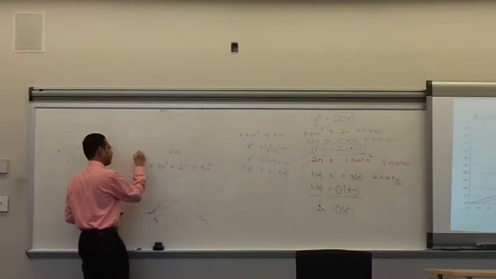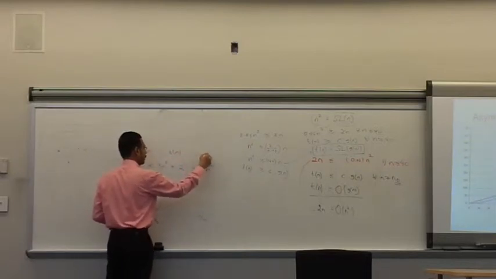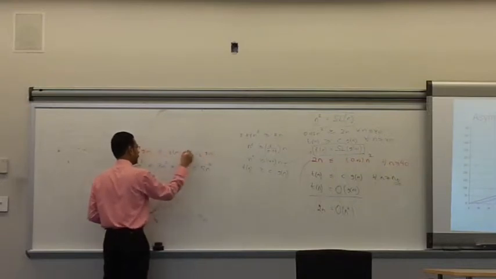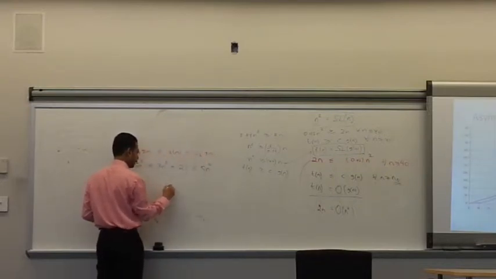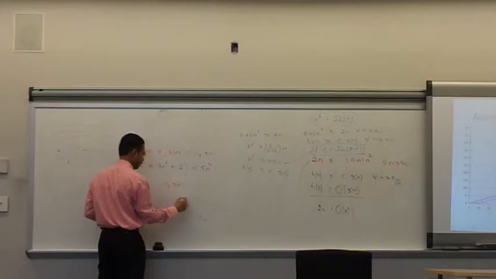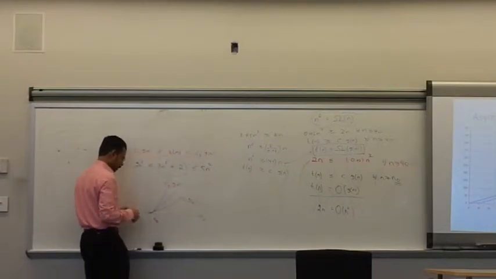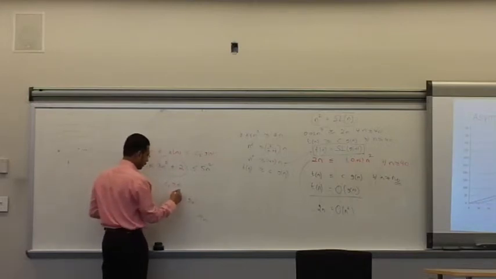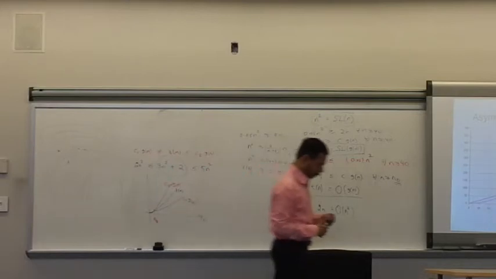This will be some constant c1 times g of n, and this is some constant c2 times g of n. So this is c2 times g of n, this is c1 times g of n, and the middle one is our t of n. So it's always bounded in between. They go together. So I have a good picture here.